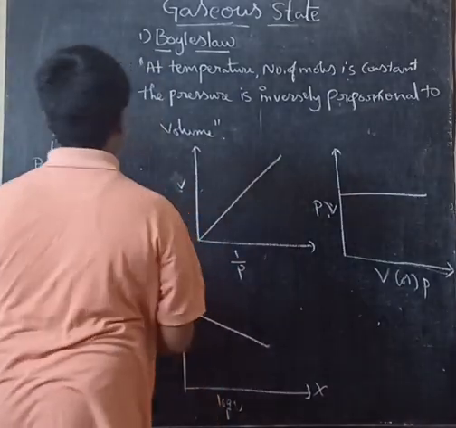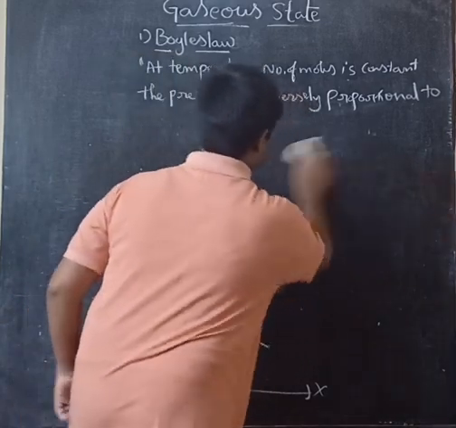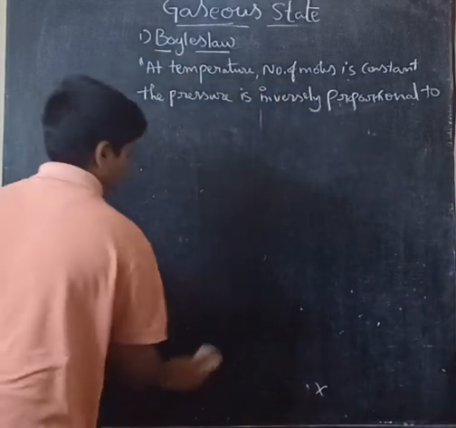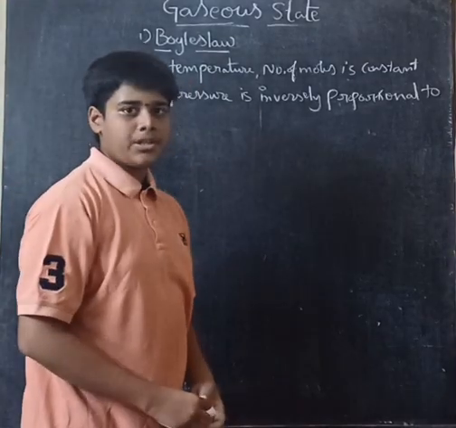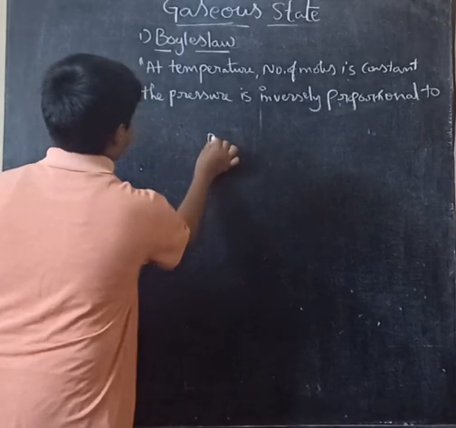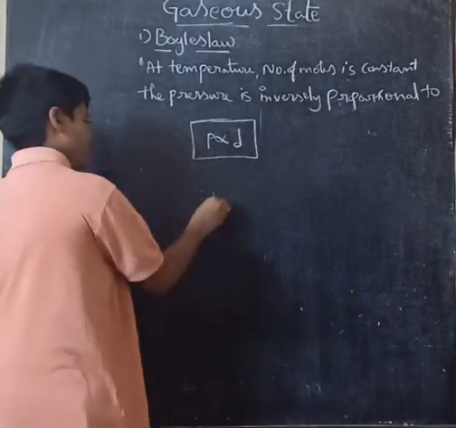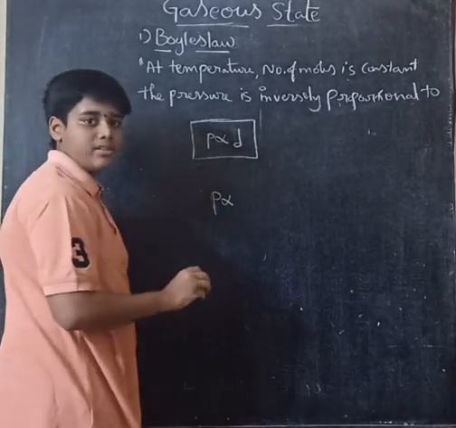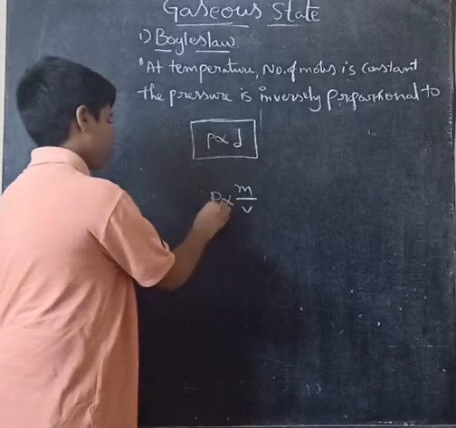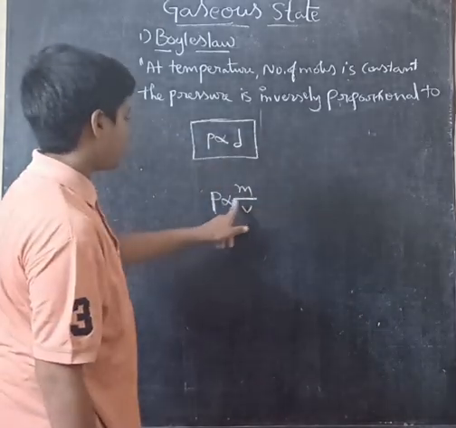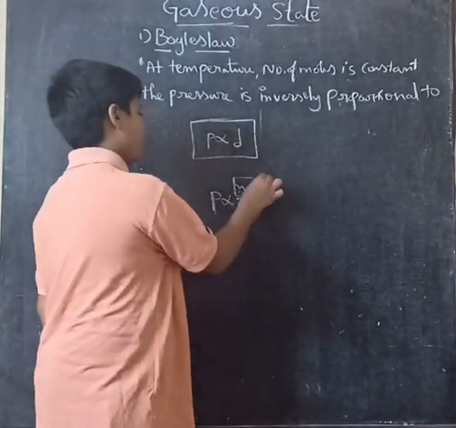Another graph is also there. Pressure is inversely proportional to volume, but pressure is directly proportional to density. Very important point. Pressure is directly proportional to mass by volume, and here mass is constant.